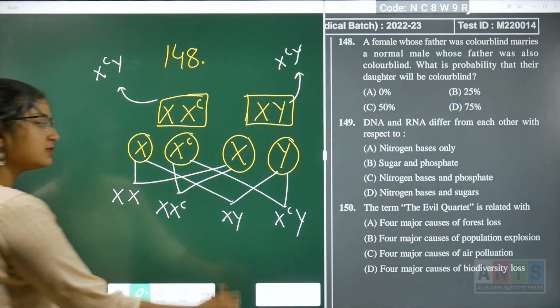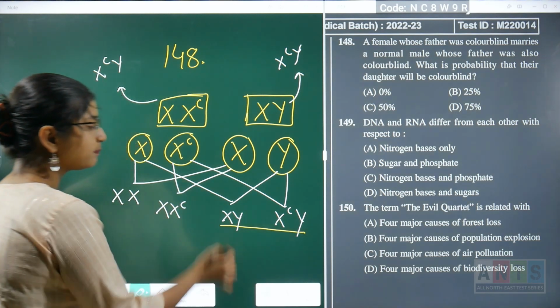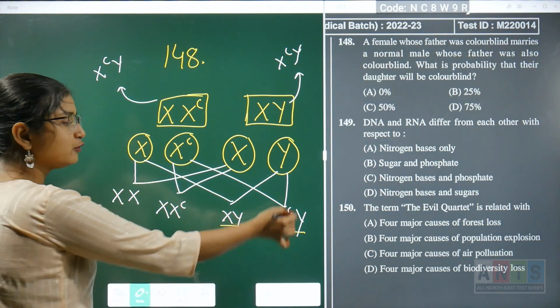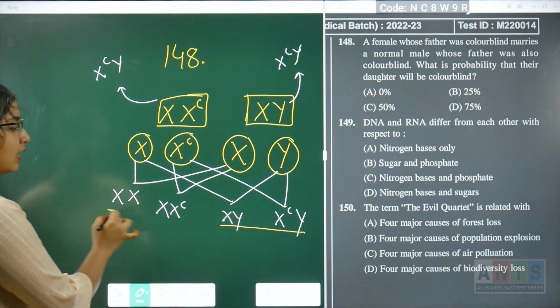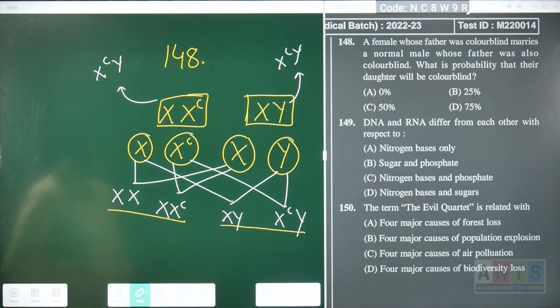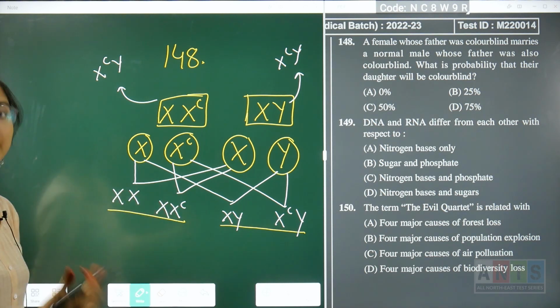So what we can see is that out of the total sons, 50% are unaffected and 50% are affected. Out of the daughters, all are going to be unaffected. It's just that 50% are without any mutation and 50% are carriers.